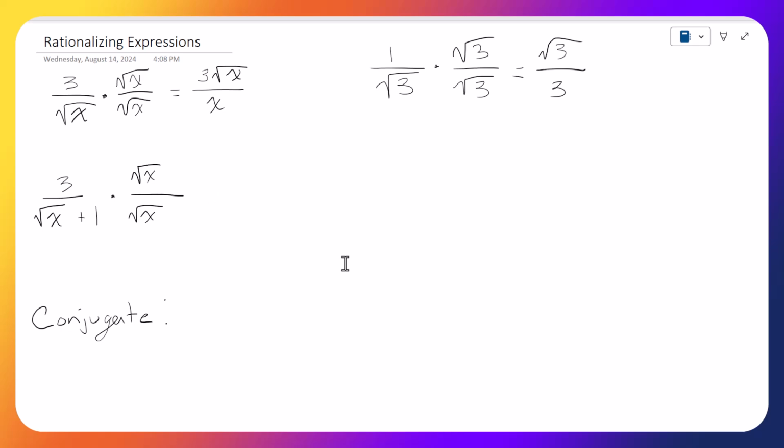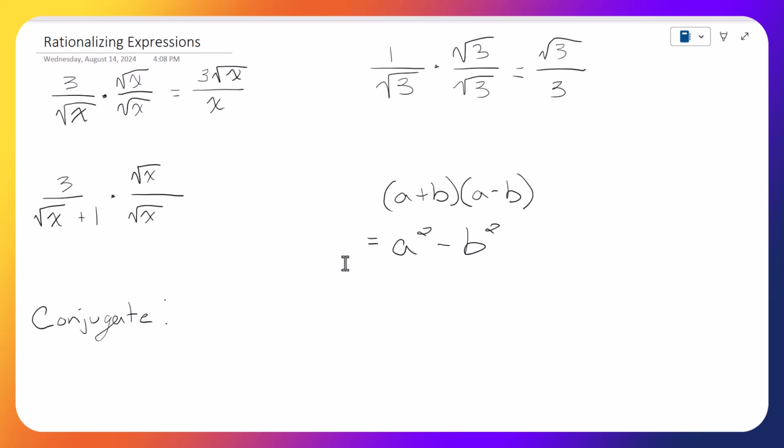So if we actually applied a little, I forget what this is called, difference of squares. If we think about the difference of squares, that will leave it so that we don't have any middle term.